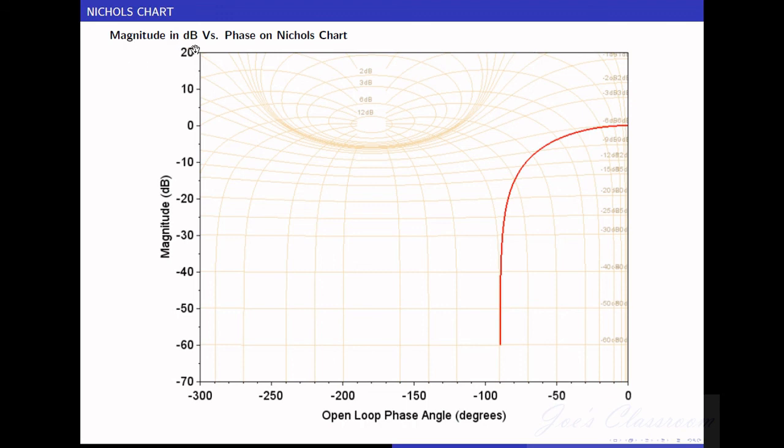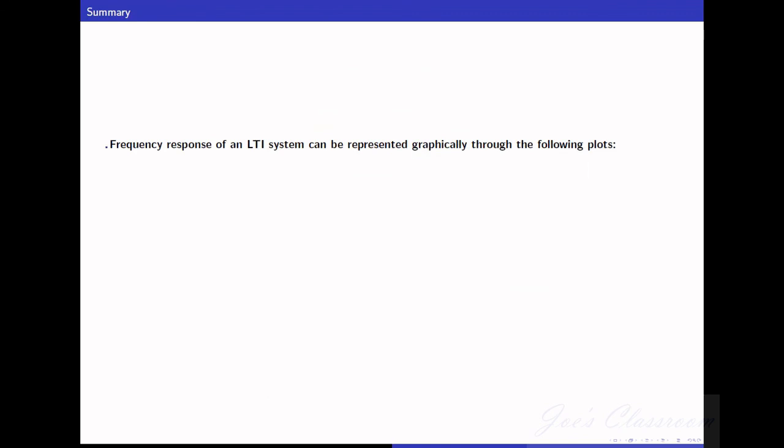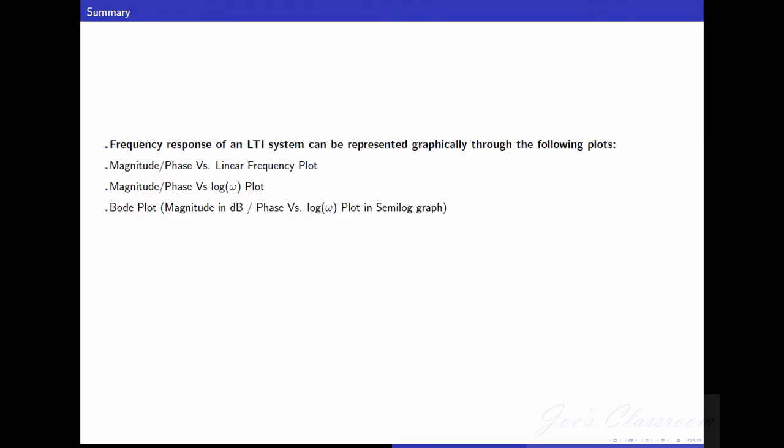Here the magnitude in decibels is plotted against phase in degrees. Altogether, we have studied 5 plots. The first plot was a very ordinary plot, where both magnitude and phase angle were taken on a linear frequency scale. In the next plot, the magnitude and phase were drawn on a log omega axis. The third plot is the Bode plot.